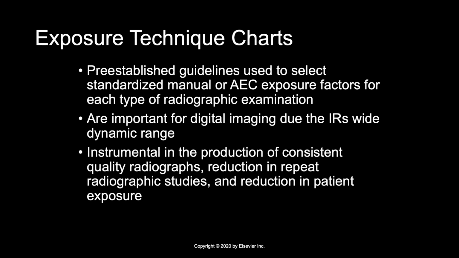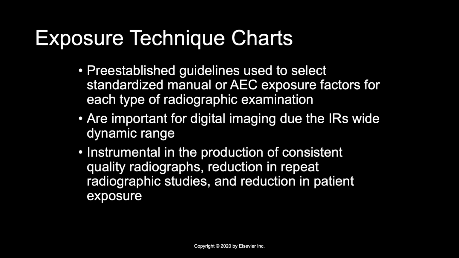For each procedure, you'll want to consult the technique chart and look on there for the recommended exposure variables. You want to look on there for the kVp, the mAs, even the detectors can be listed, the type of IR, the type of grid used, and sometimes you'll even see the SID on the technique chart.